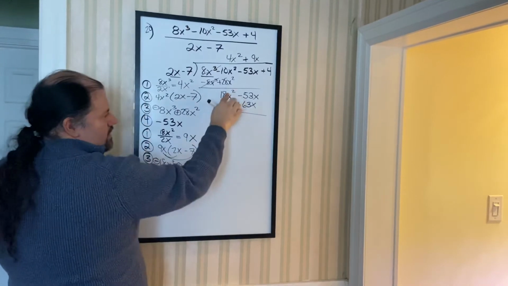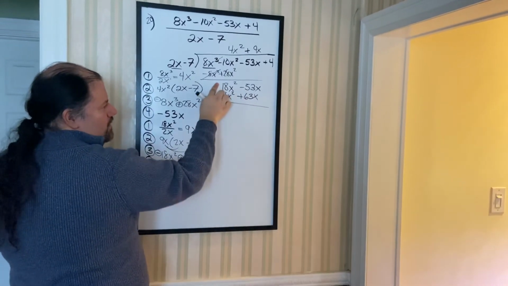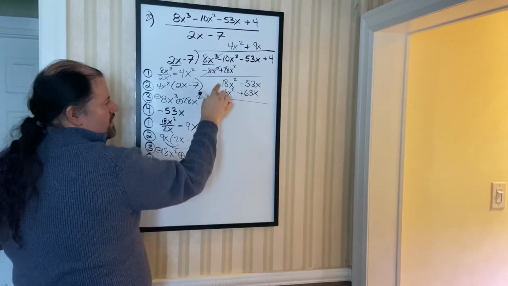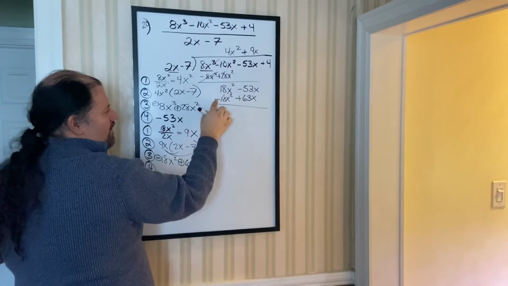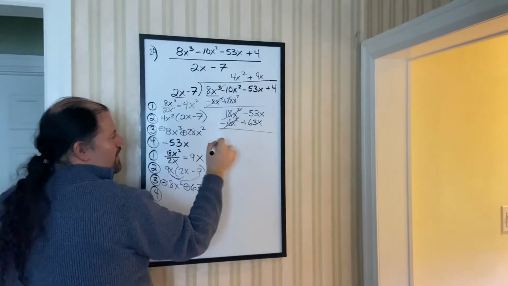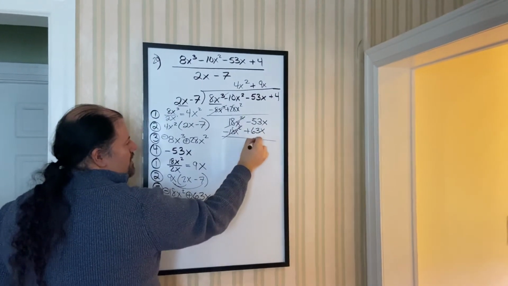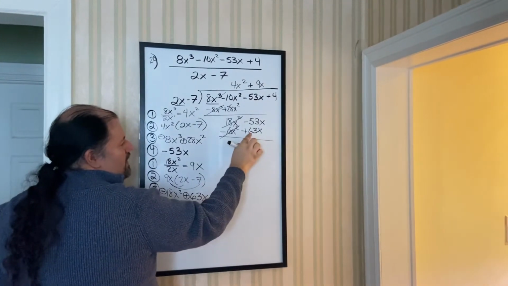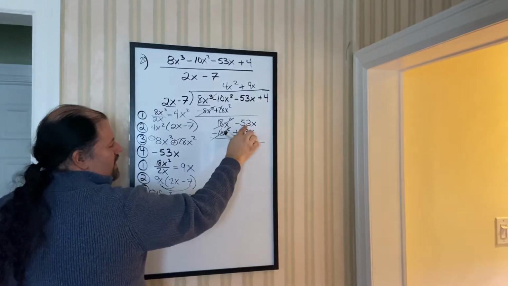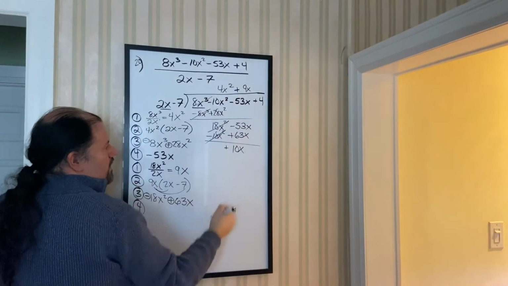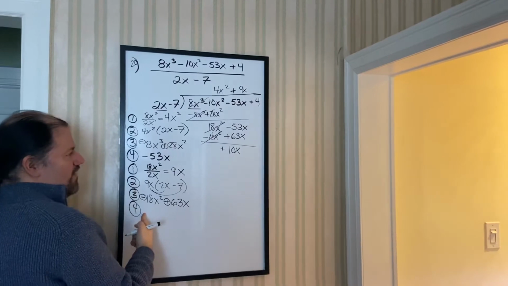And C is collect our like terms. These are additive inverse, same terms but opposite signs, they get canceled out. These, one negative, one positive, subtract, we'll get 10x, and we know that the positive team wins. 63 beats out a 53. But we've got a step 4.